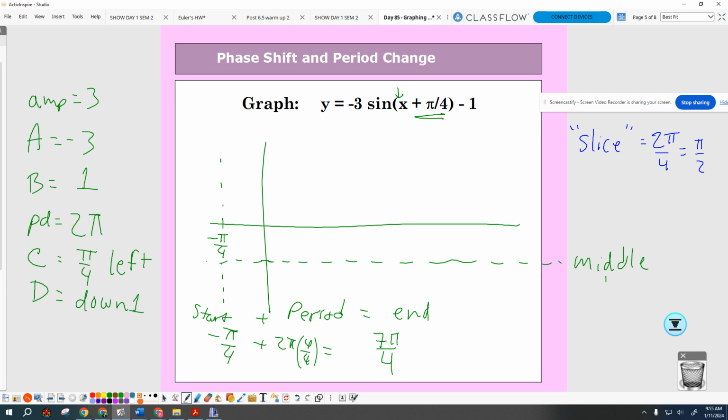I had to shift pi over 4 backwards, so yes, I'm going to move over pi over 2 each time, but I'm adding it to pi over 4. So there's one of them, one of them, one of them. Why did I put a middle line in there? Because that's pi over 4.